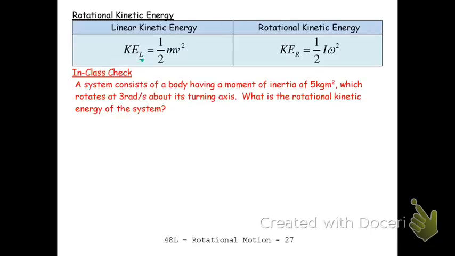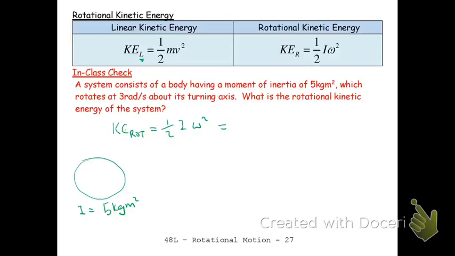A system consists of a body having a moment of inertia of 5 kilogram meters squared, which rotates at 3 radians per second about a turning axis. What is the rotational kinetic energy of the system? So KE rot is equal to 1/2 I omega squared, which equals, what do I know? I didn't do my visualization here, which is bad. So I have my I is equal to 5 kilogram meters squared.